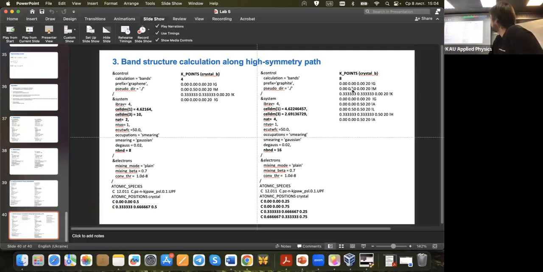Key points. For graphite we have 8 key points. For graphene we have 4 key points. You see this for gamma, M, K, gamma, without this thing. Why? Because ALHA is some bulk stuff.